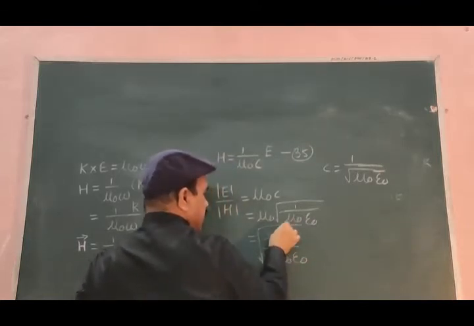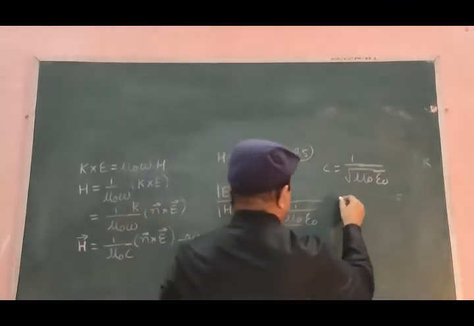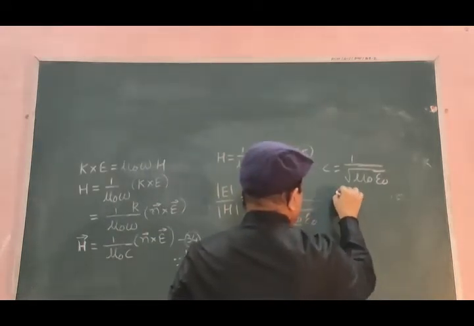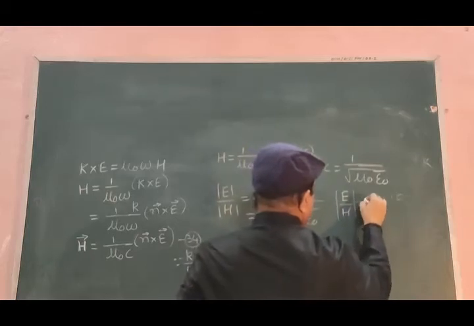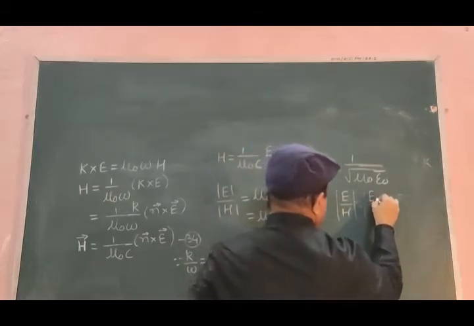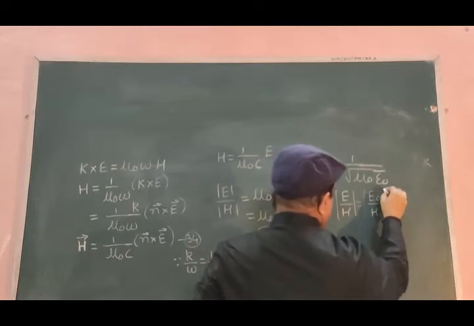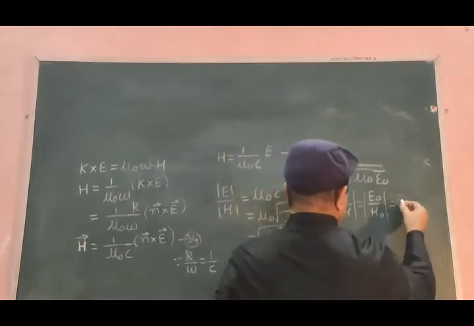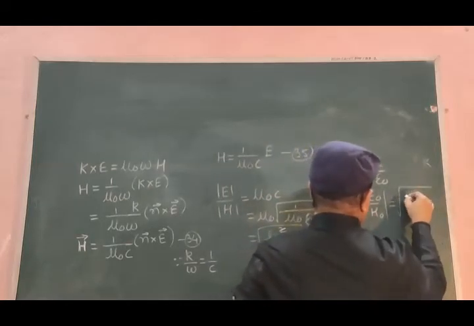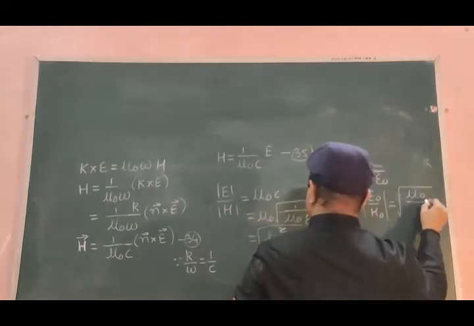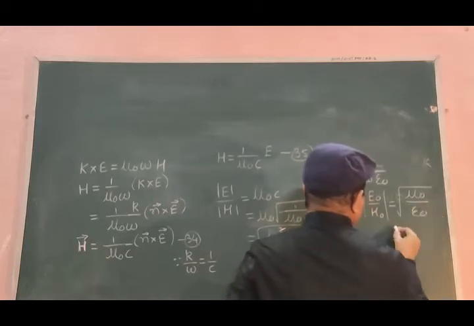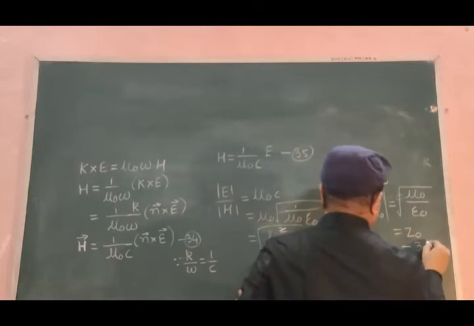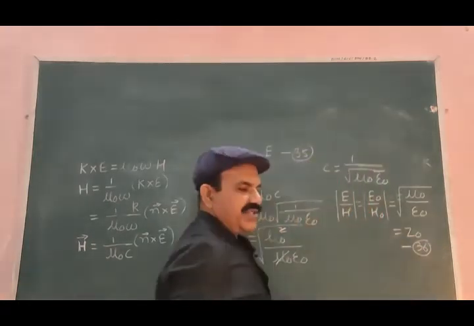This mu 0 gets cancelled with the square, and what is left is E divided by H, or E0 divided by H0, is equal to simply square root of mu 0 divided by epsilon 0. You may call this Z0, equation number 36.